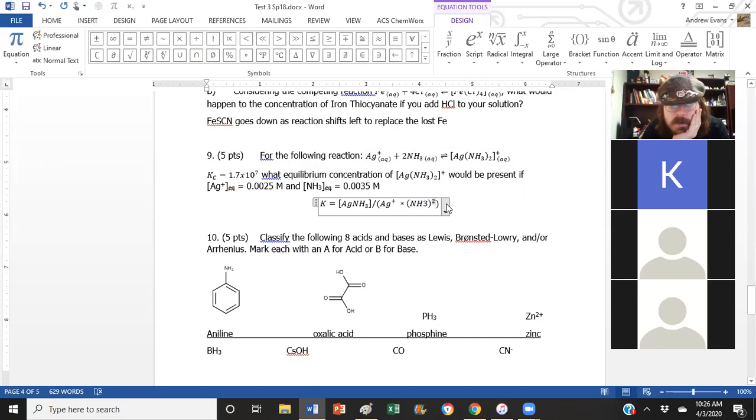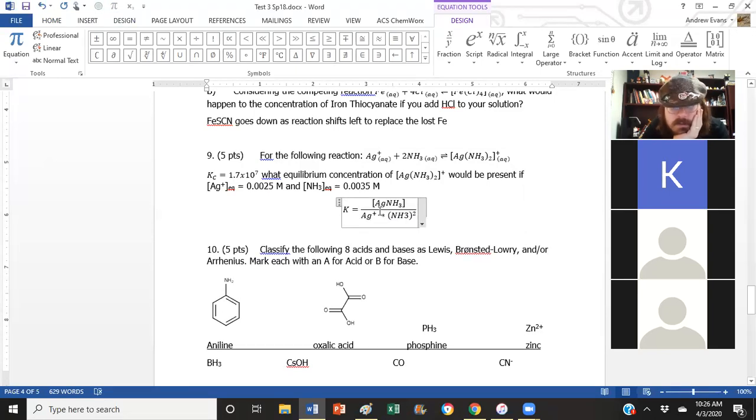So looking at this, products over reactants. It's not perfect, but it'll do.